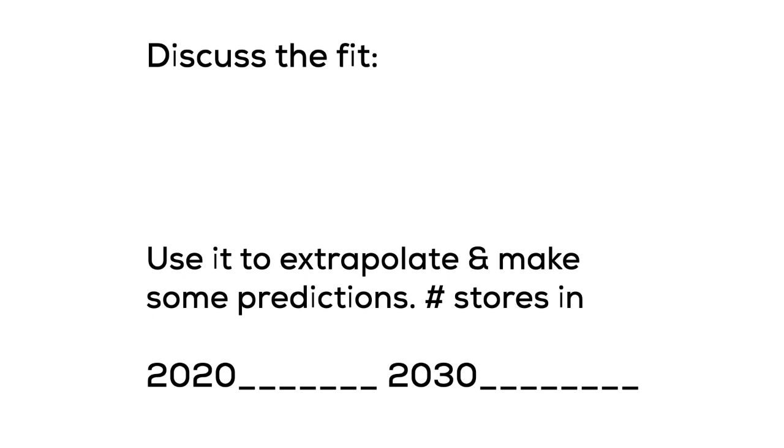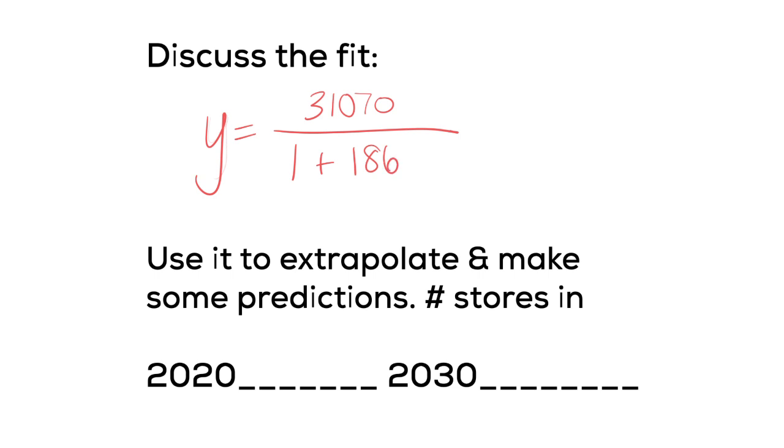It takes your calculator a little bit to run it because it's intense to find all the data that works. So this is what the equation looks like when we ran the logistic on that data.